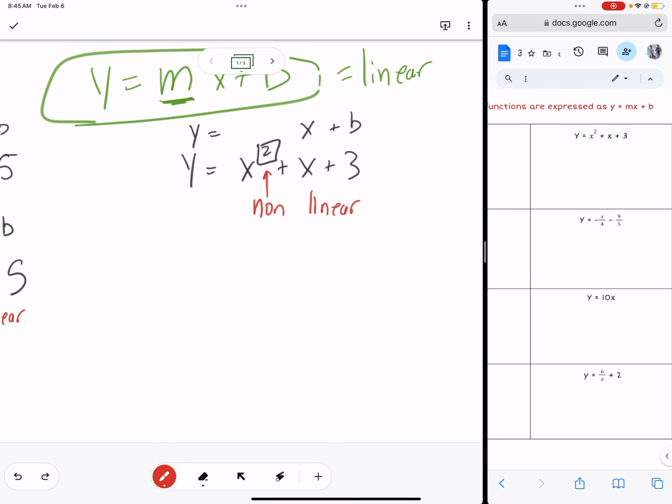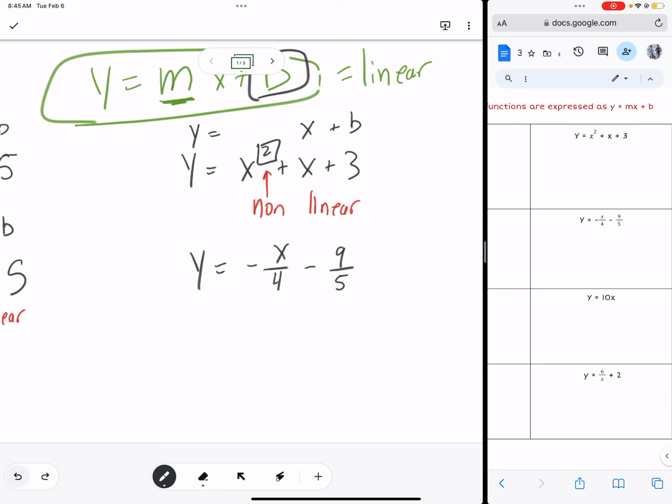All right, now this one's a little tricky. This one is going to require some algebra. Not necessarily algebra, but it's going to be y equals negative x over 4 minus 9 over 5. Now, is b allowed to be a fraction?